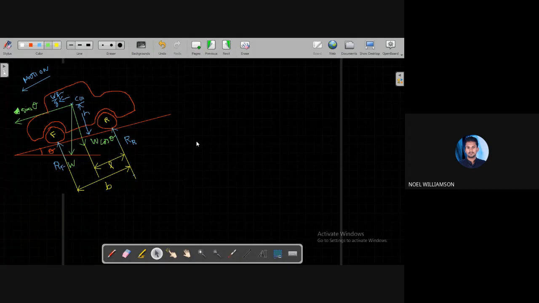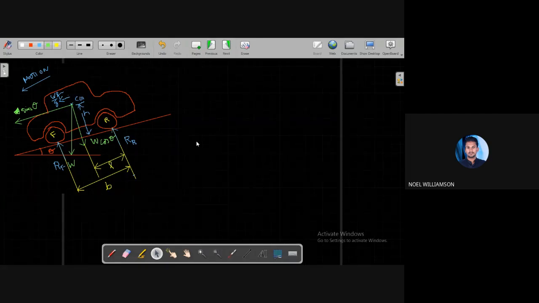Okay, in the previous classes, we have seen the relations for reaction at the front and rear wheel surfaces, and we have seen two cases.